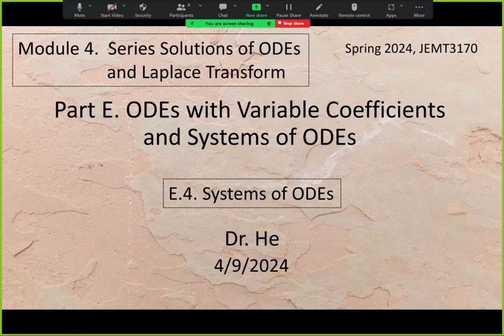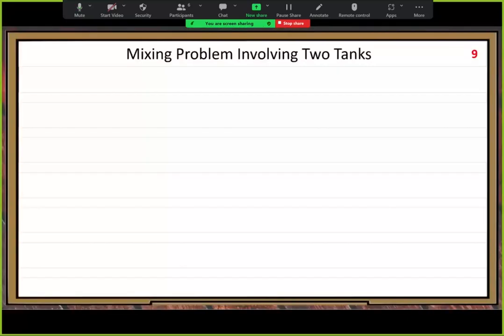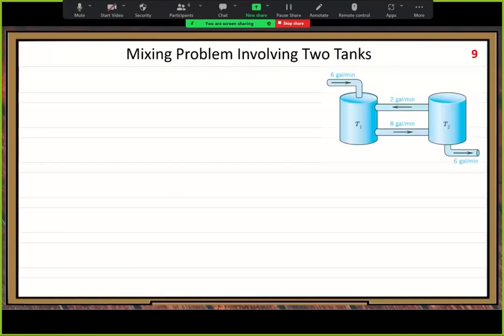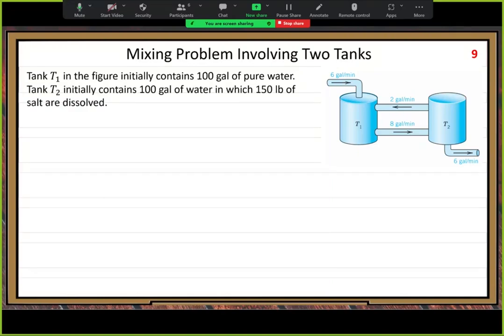Our old question type, the mixing problem, this two-tank system. This time we use Laplace transform to solve it. Tank T1 in the figure initially contains 100 gallons of pure water. Initial value 0, the amount of salt is 0.